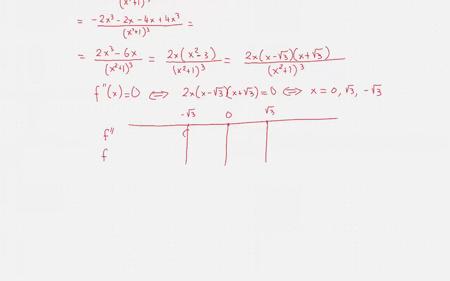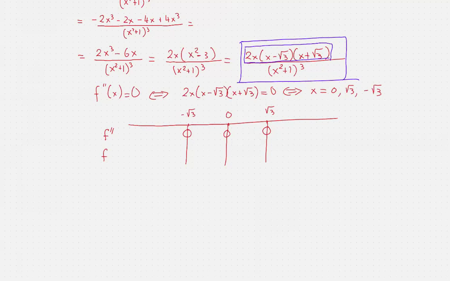And now we can look at the second derivative because we found a very nice expression for it right here. And we can see that the denominator is always positive, so we don't even need to consider the denominator here. In other words, we can focus our attention on the numerator since we're interested in determining the sign. And if we plug in a huge number, let's say 1,000,000, then all the three factors on the numerator will be positive, which means that this will be positive here.